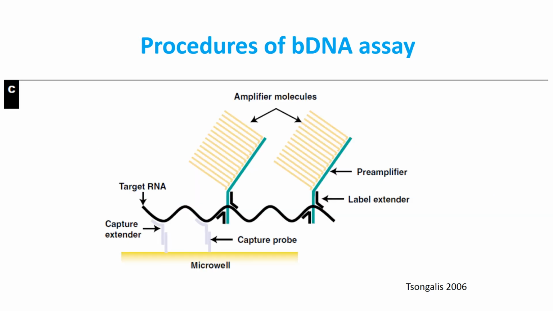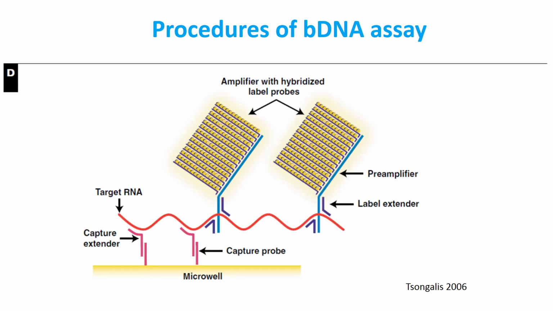After the target DNA or RNA are fixed to microwell, preamplifier molecules will be added into microwell, and they will complementarily hybridize with label extender molecules. Amplifier molecules will be added next, and complementarily hybridize with preamplifier molecules.